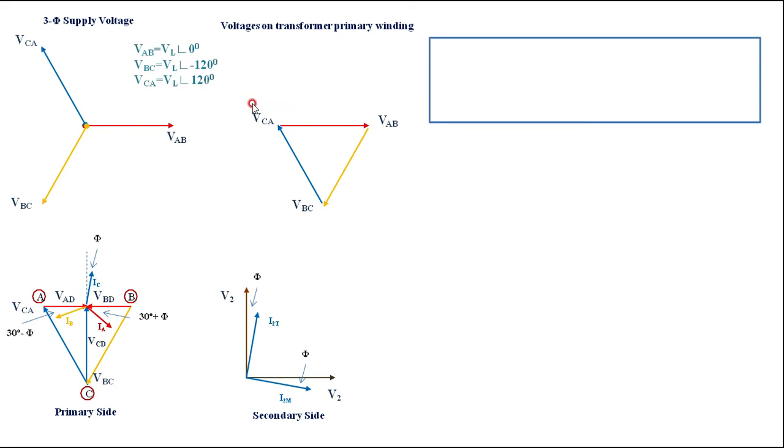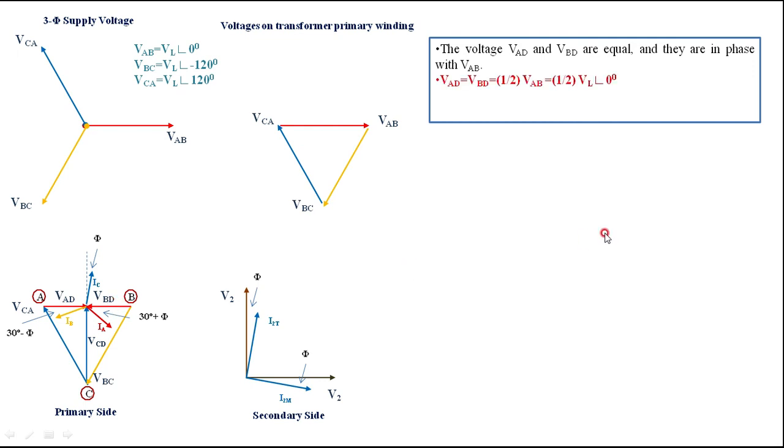Then with this background, I want to see here the voltages VAD and VBD. They are equal and they are in phase with VAB, because VAD and VBD are parts of VAB, and they are half of VAB.